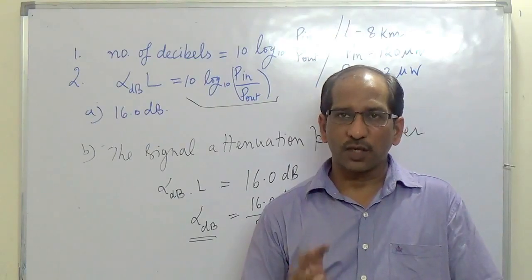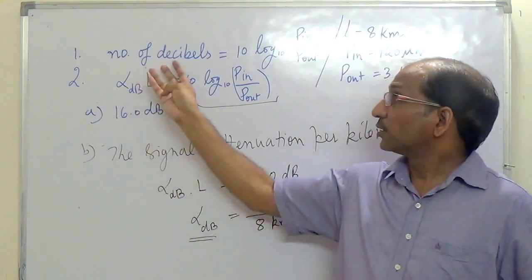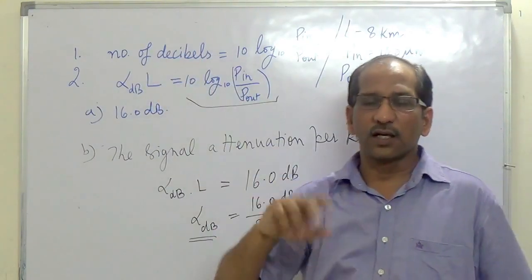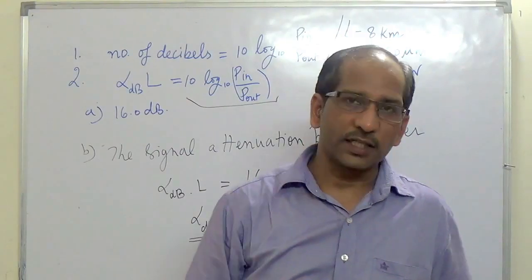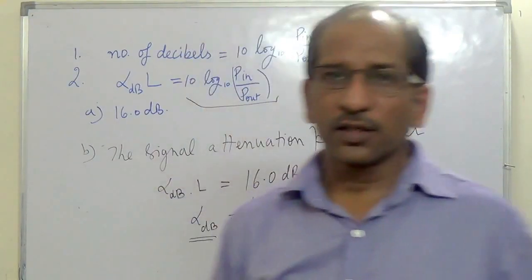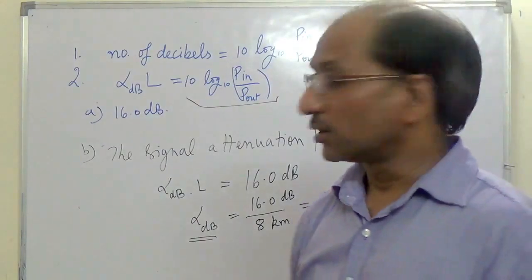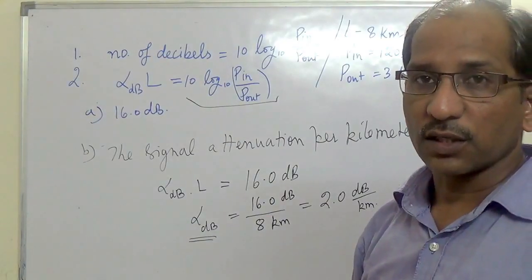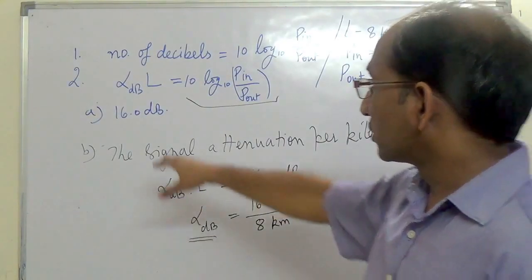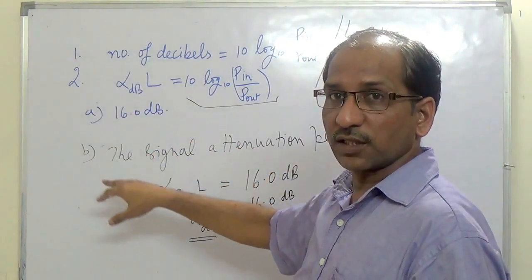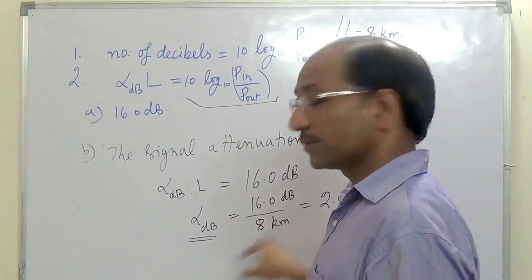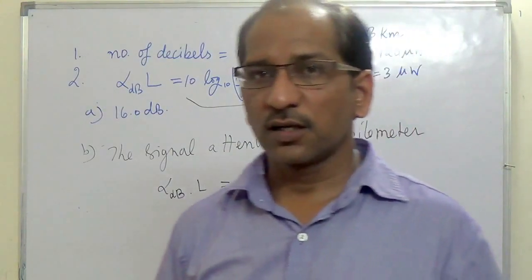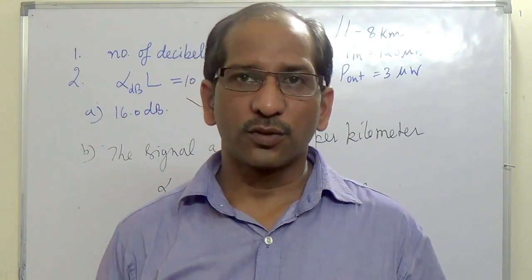In the first case we found the total loss into that optical fiber of length 8 km, where input power was 120 microwatt and output power was 3 microwatt, and the answer was 16 decibel, and in the second part the answer is 2 decibel per kilometer. So loss of the signal per kilometer is 2 decibels.